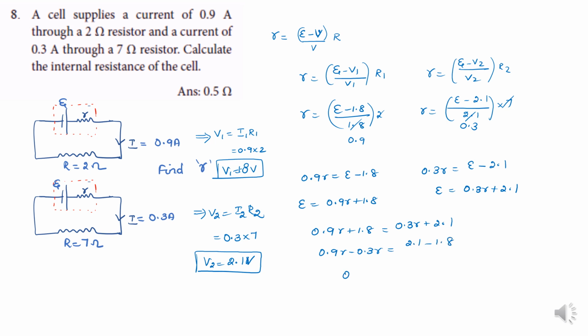So 0.6 r is equal to 0.3. r is equal to 0.3 by 0.6, which is 1 by 2. So the internal resistance r is equal to 0.5 ohms. That's it. The answer is 0.5 ohms.